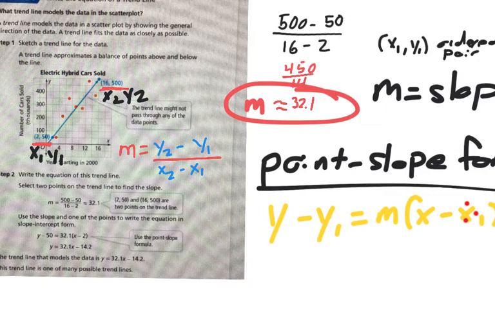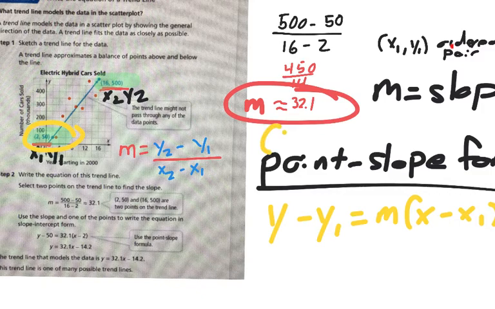Now, do I have a point that my line goes through? I do. If you'll remember, back here we started with 2 points. I had the point (2, 50), and I had the point (16, 500). I can use either one of those points as my x1, y1. I would recommend choosing the smaller one because it's going to make the numbers a little bit easier to work with. So I would choose the point (2, 50) as my point.